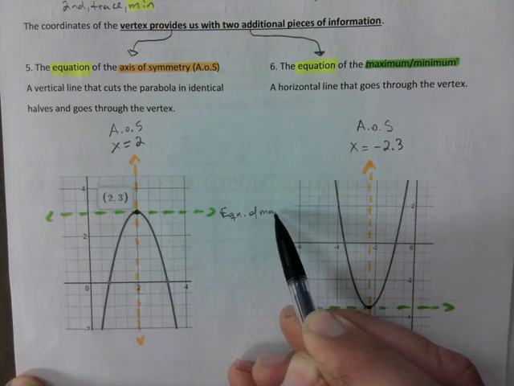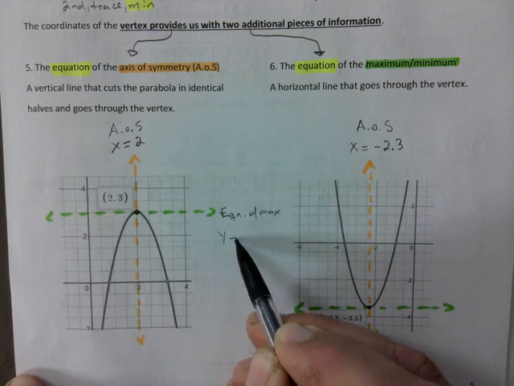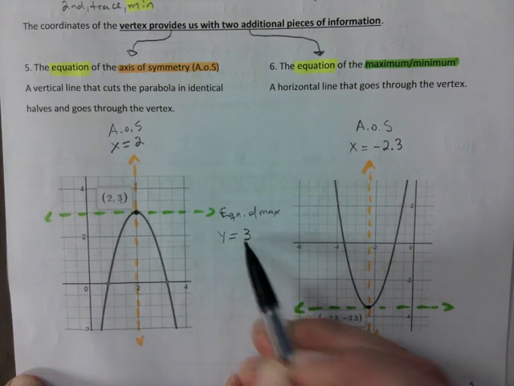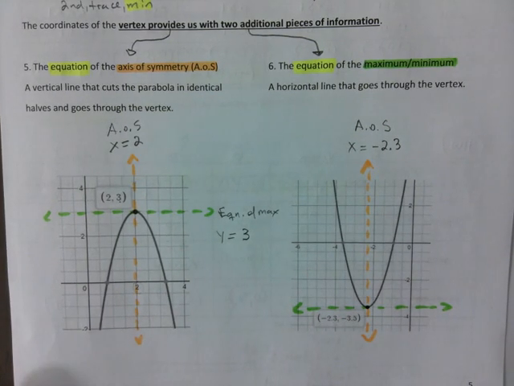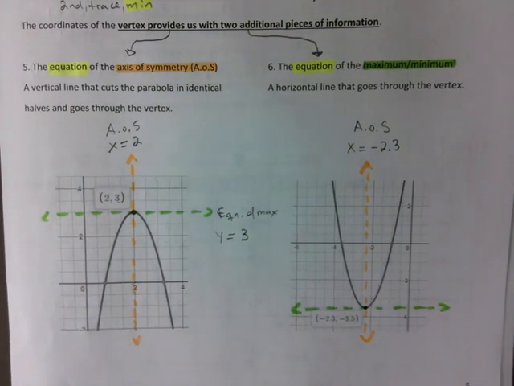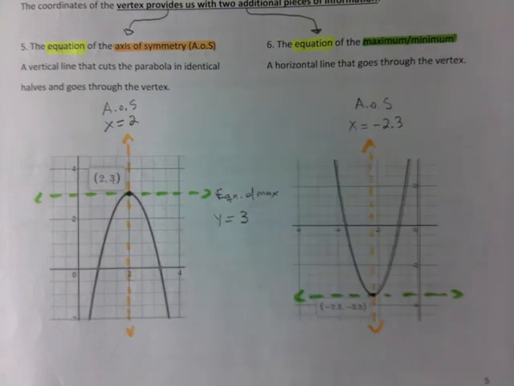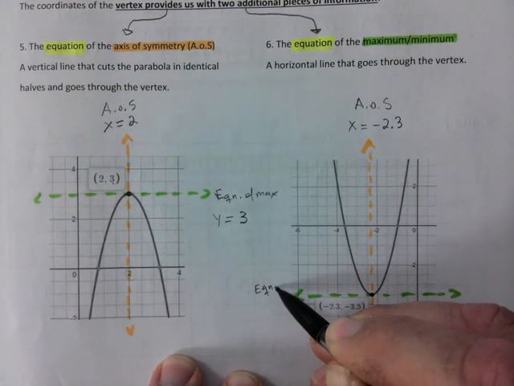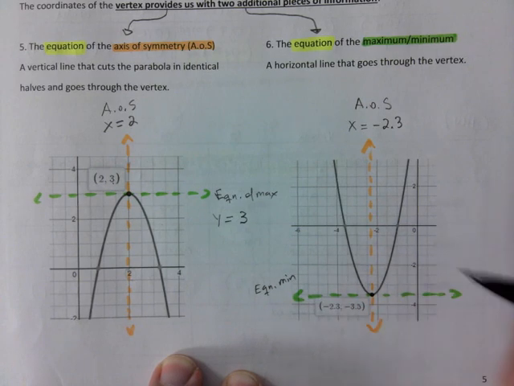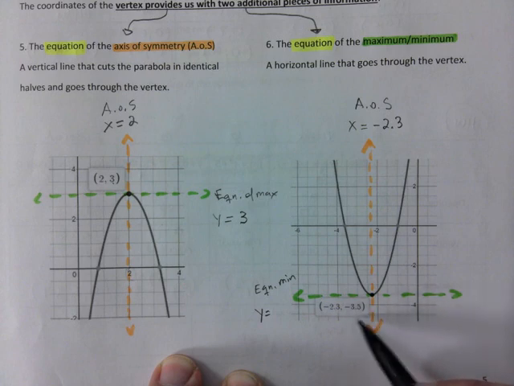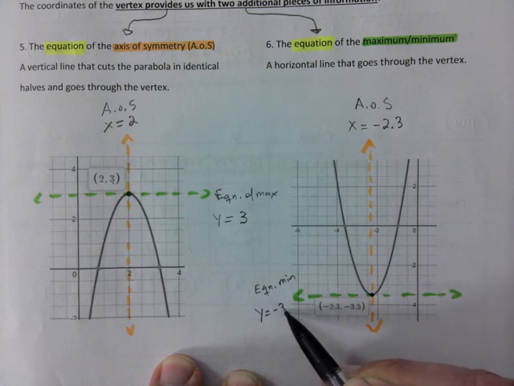In this case, it would be y is equal to the y value of the vertex, which is 3. And this one down here is the equation of the minimum, which is y is equal to, you go over here, look at that value, it's negative 3.5.